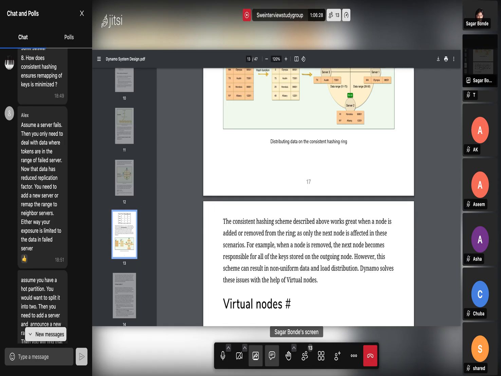It does not guarantee that when you write, everyone will read the same data; it is only eventual. In a leader-based architecture, it's guaranteed that you can read your own write. So it depends on your use case, and you can go with whatever is more suitable. Okay, thank you.